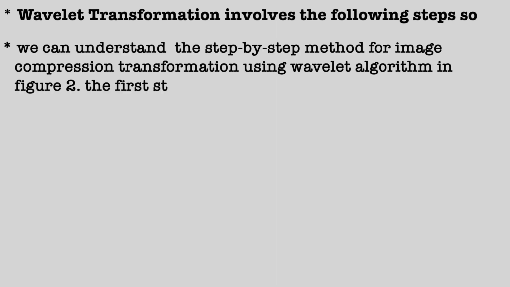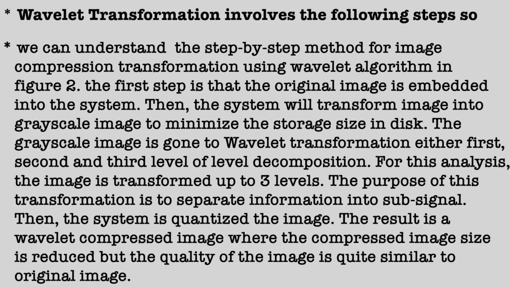Wavelet transformation involves the following steps. So, we can understand the step-by-step method for image compression using the wavelet algorithm in figure 2. The first step is that the original image is embedded into the system. Then the system will transform the image into a grayscale image to minimize the storage size on the disk.